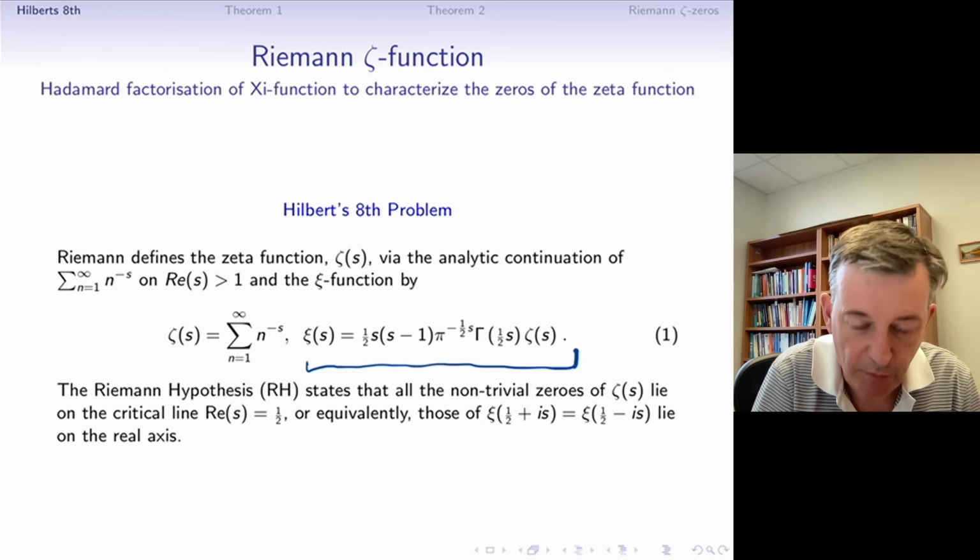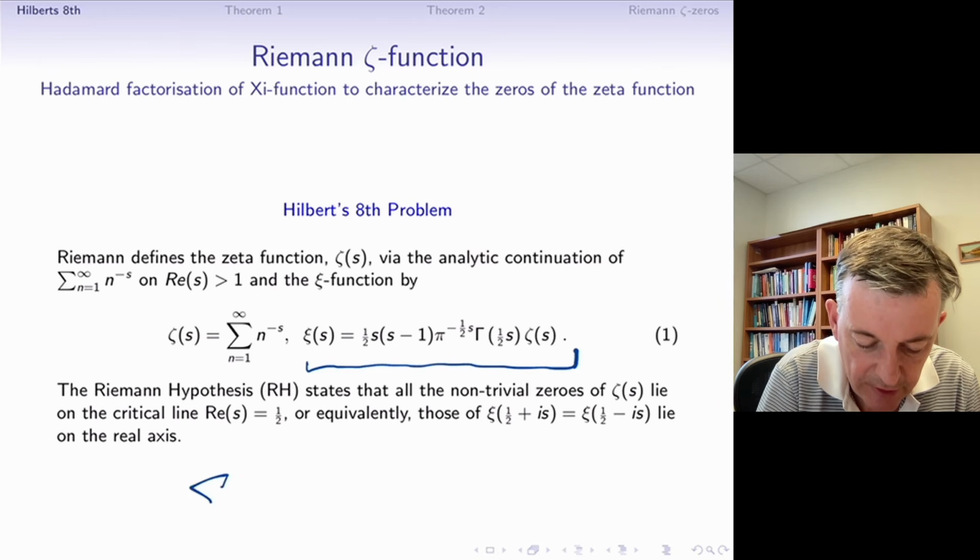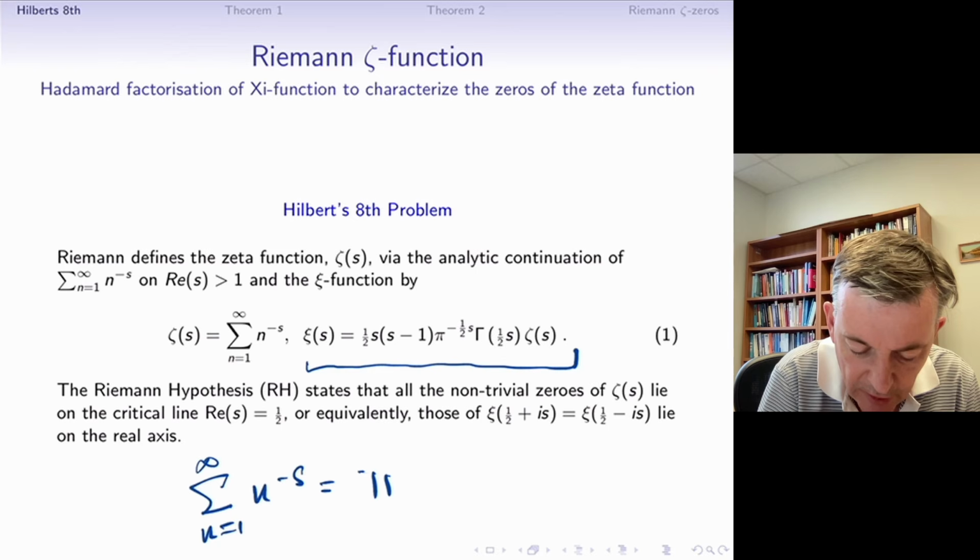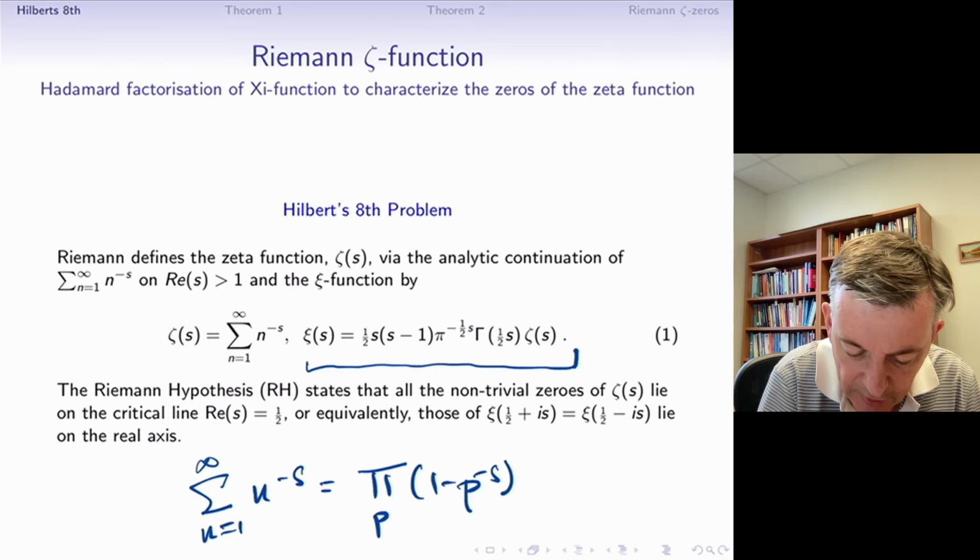One other formula we're going to use is a classic formula due to Euler for the zeta function, as the product over primes of 1 minus p to the minus s, for real s greater than 1.